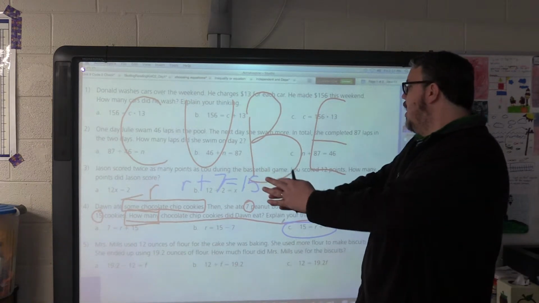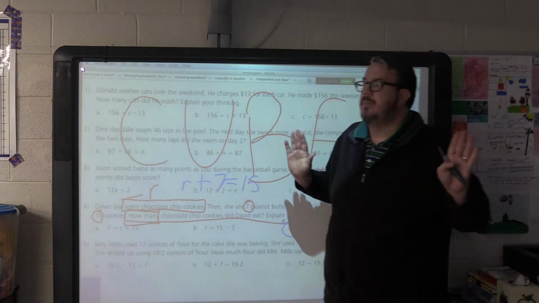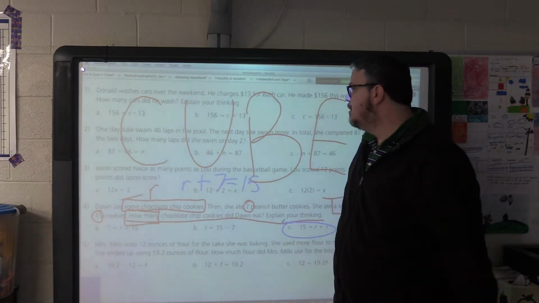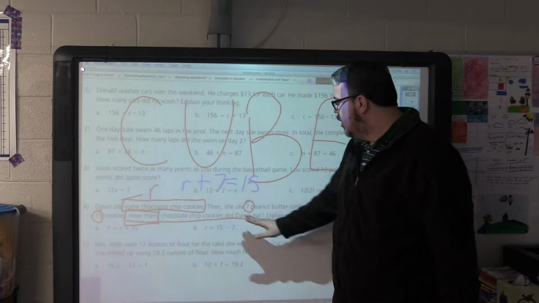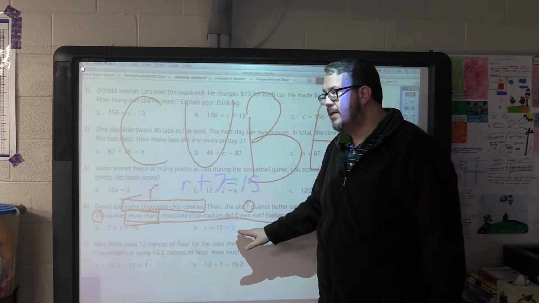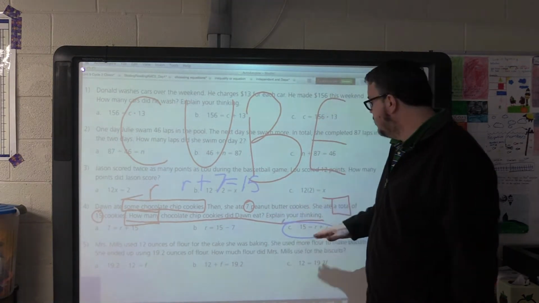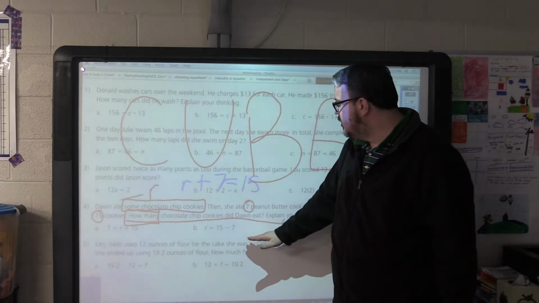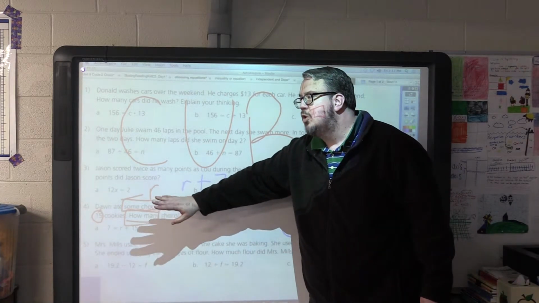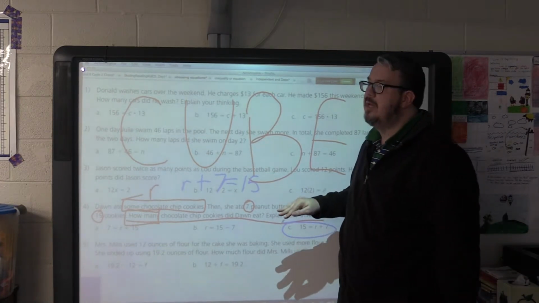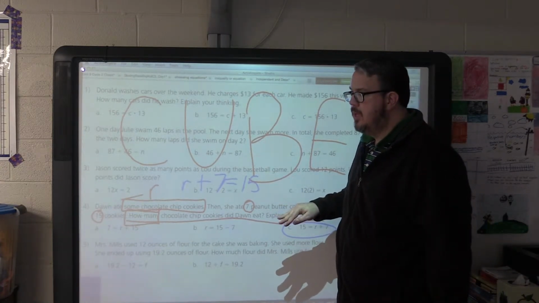Okay. In the real world, I'll give you this. In the real world, if you wanted to find out how many chocolate chip cookies she ate, you would say 15 subtract 7, and it would equal 8. But you have to realize, we're not actually trying to figure out how many cookies she ate. We're looking at the story problem itself. We're looking at the information provided and coming up with an algebraic equation.